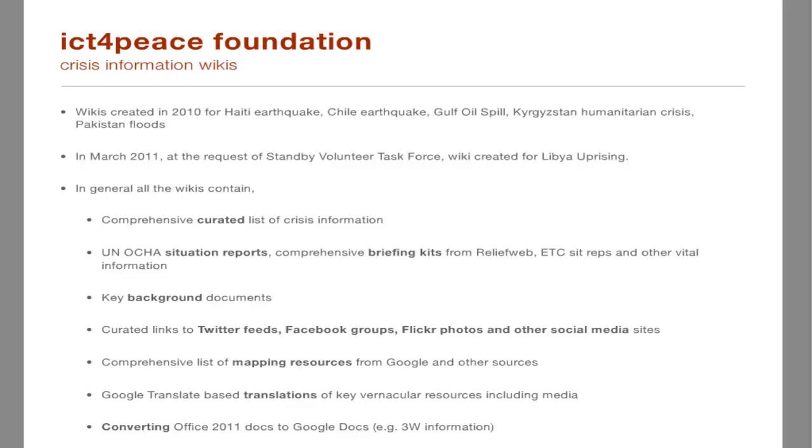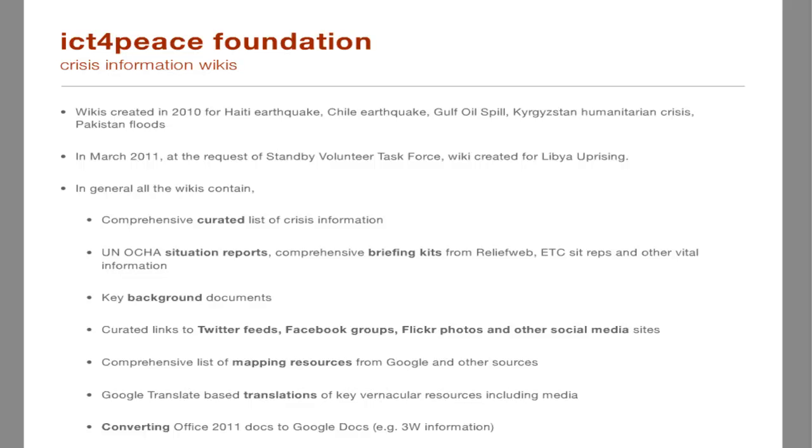What I do is I collate, over, let's say, 150, 200 sources, and then put them onto a wiki that I keep updating daily as possible, which includes OCHA sit reps, the ReliefWeb briefing kits, which are superb, but few people have the time or patience to download them themselves, so I put them up on the wiki every 2 or 3 days. ETC sit reps from WFP, for example, some of which don't make it onto the public web in a timely manner. I had access to it, and I put them up.